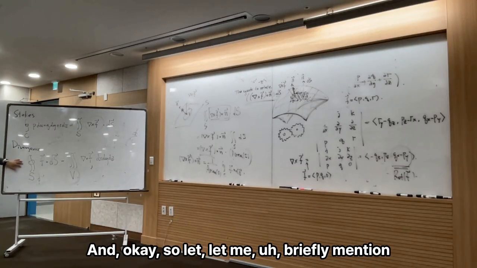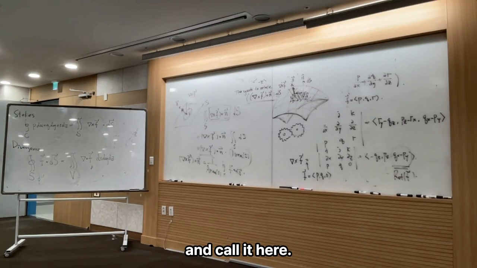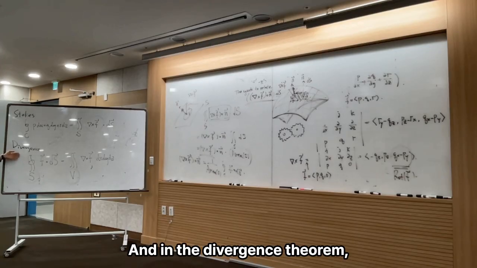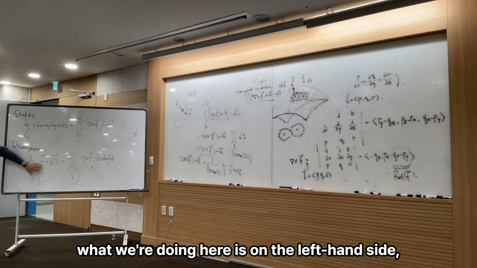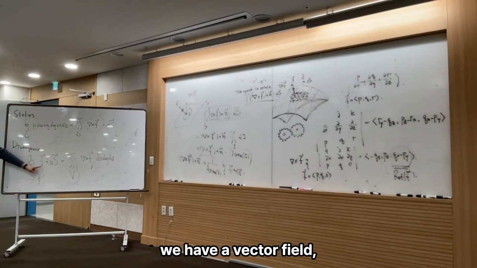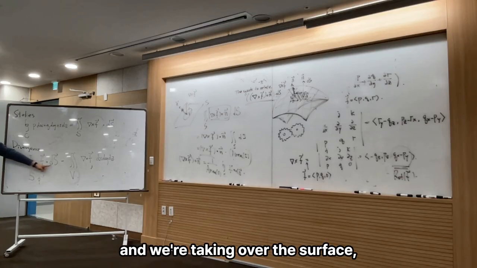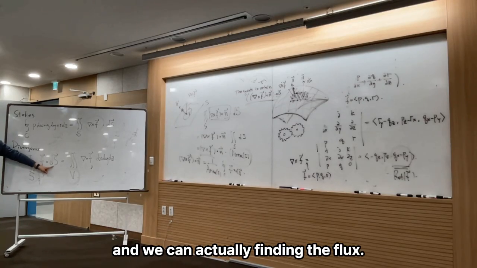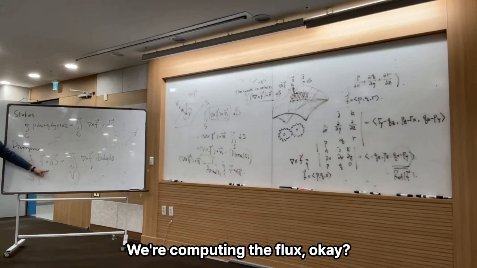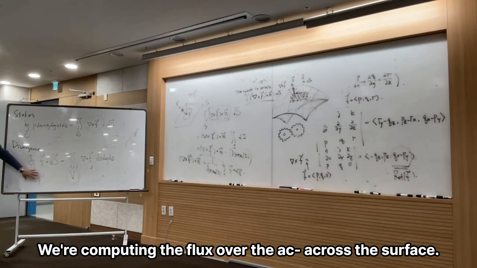Okay, let me briefly mention the divergence theorem and call it here. In the divergence theorem, on the left-hand side we have a vector field, and we're computing the flux across the surface.